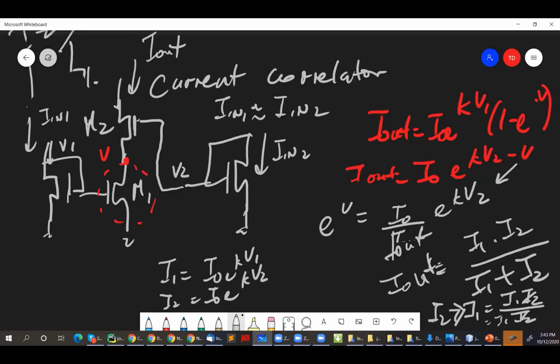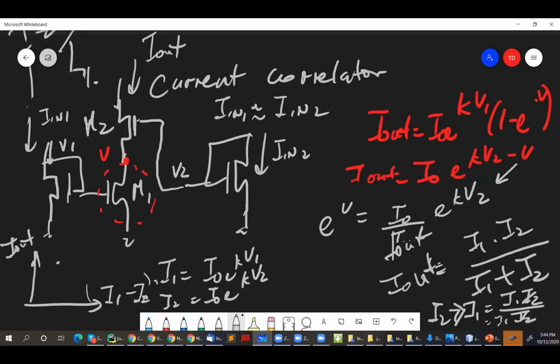So basically, if I plot I out versus I1 minus I2, which shows how similar they are, then I should get a peak here, right?